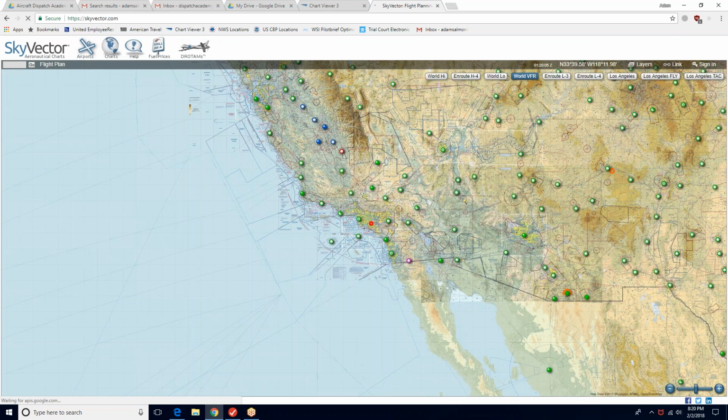Garrett probably told you, but in the flight planning world, there are ultimately two different types of charts. There's the government charts, which is what SkyVector has. Those are the ones that the FAA issues and makes readily available to anybody for free, the flying public. And then there's a company called Jeppesen, which is in Denver.